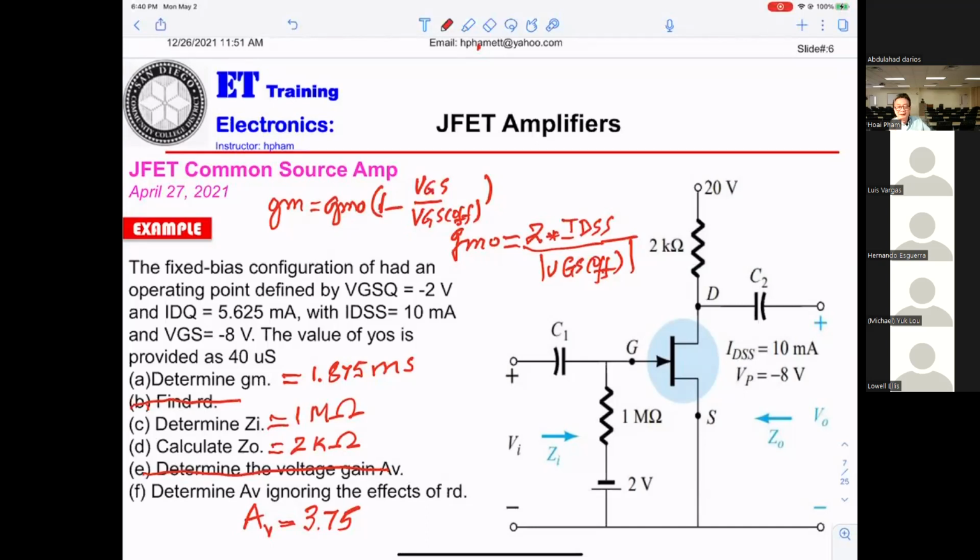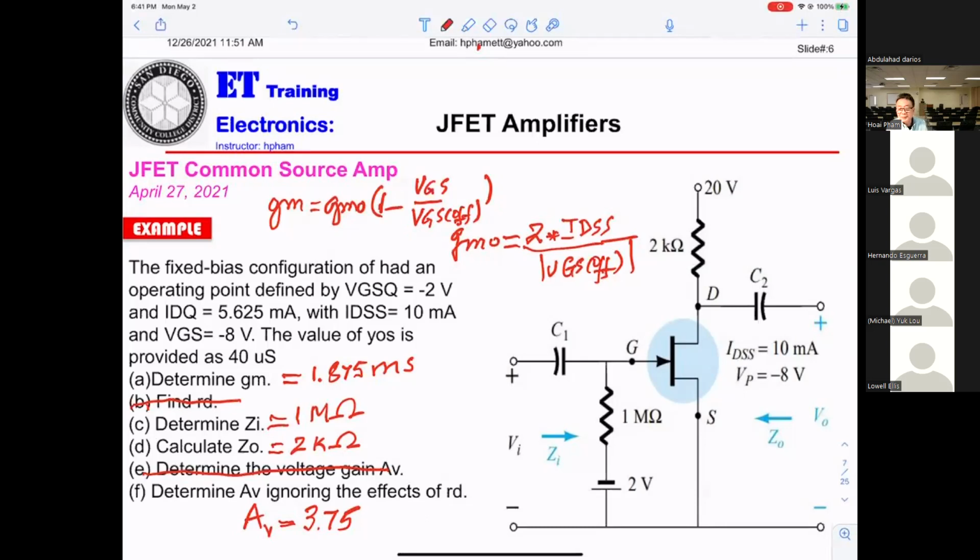Sometimes I understand you want to know which application they're using it in. They can use it anywhere if the requirement needs it. Like if they want high input impedance, okay, and they don't want much gain, then they can use the JFET amplifier.